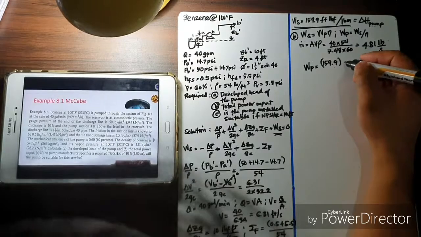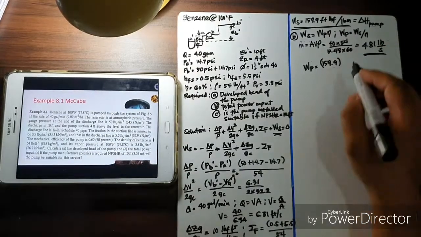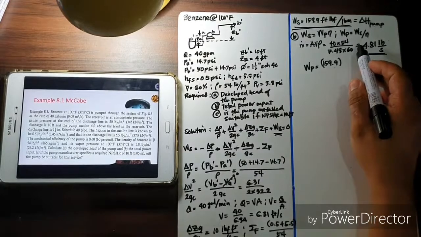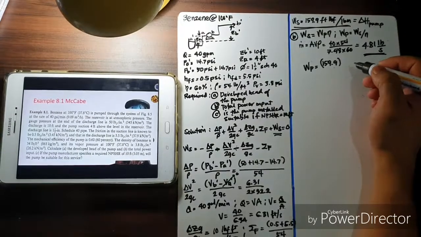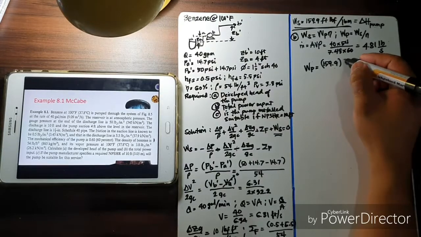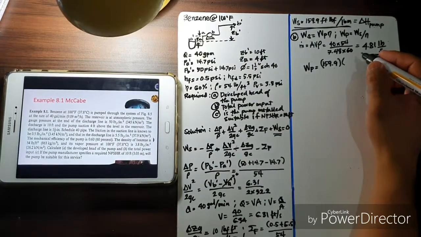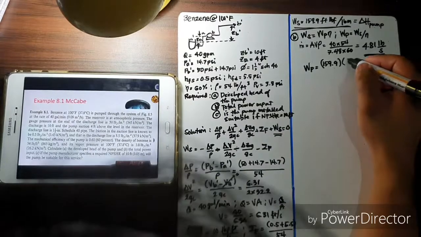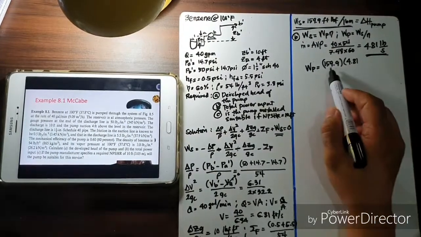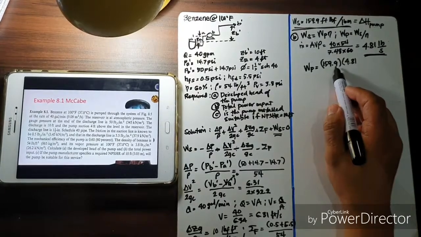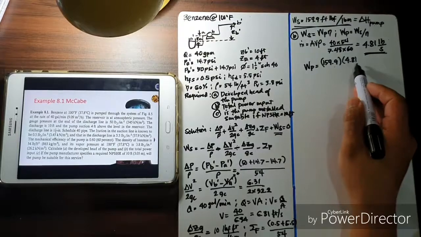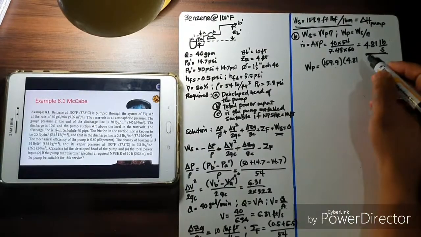You multiply this with 4.81, because remember the unit for 159.9 is foot-pound force per pound mass, and this one is pound mass per second.